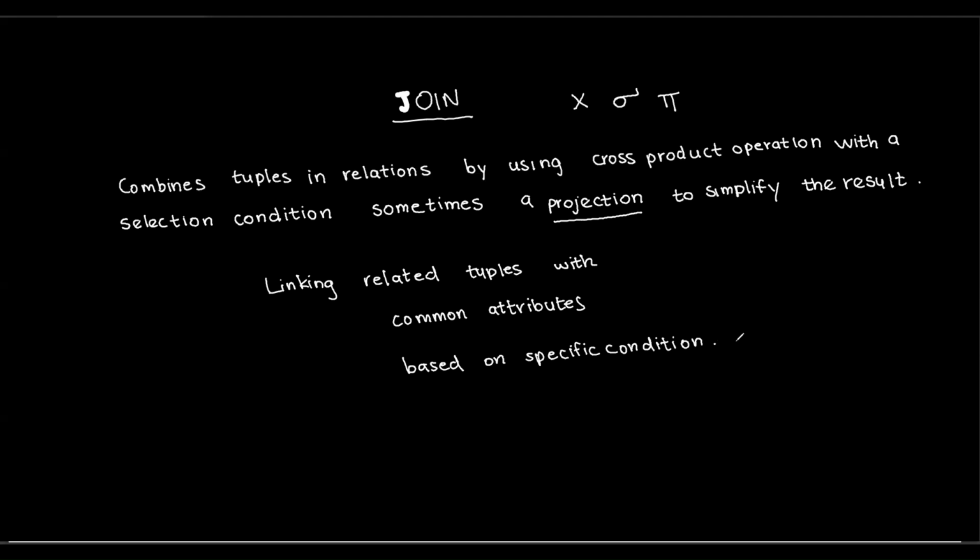And the most common join that we use is natural join. Natural join has a notation which looks like a Thor hammer. I don't know why it looks like a Thor hammer to me. If it does to you too, yeah, I'm happy for you.